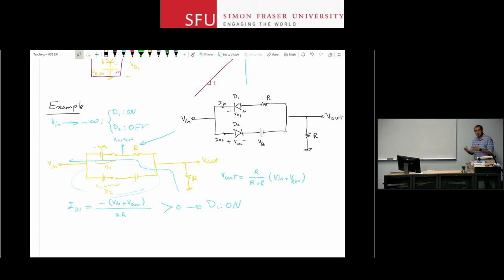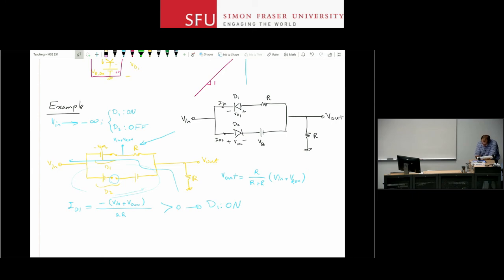What about D2? Well, I assume D2 is off. To make sure D2 is off, I need to calculate VD2 and show that it is less than VD on, or I look at the ideal diode here, I calculate the voltage drop across that ideal diode, and it should be less than 0. So I look at the whole thing or just the ideal diode in that equivalent model.